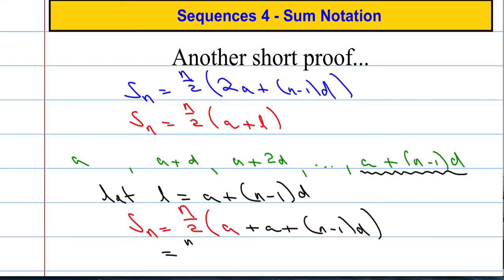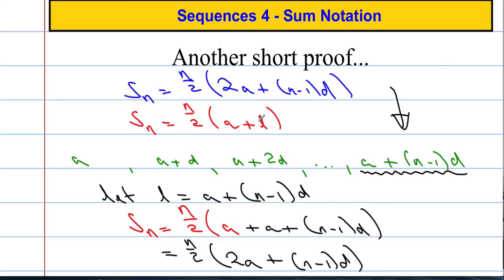So we get n over 2 times a plus a is 2a plus n minus 1 times d. So if we can prove the first one here in blue, and we know that the last term of a sequence is given by this formula, we can substitute that into this and easily prove that the sum of a series can be found by doing n over 2 times a plus l.